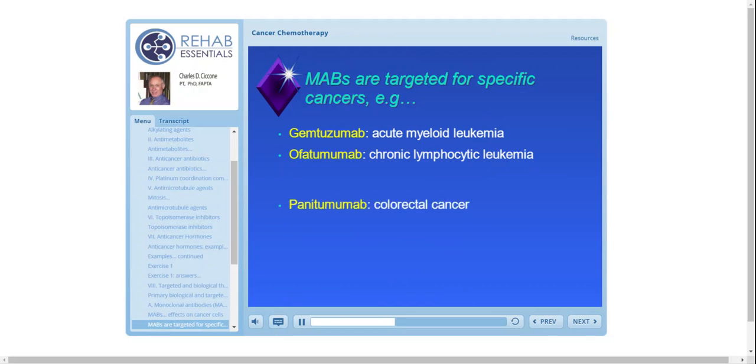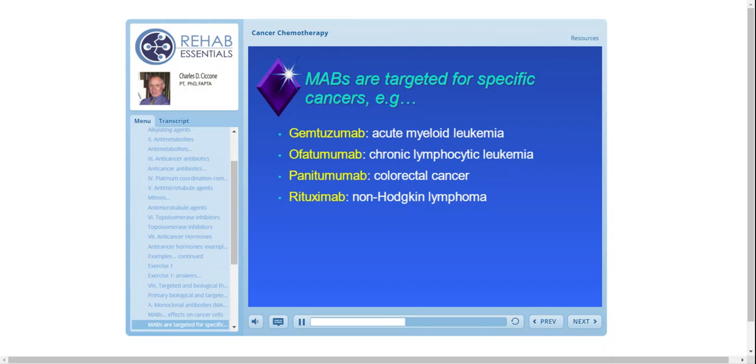Again, this drug used to treat chronic lymphocytic leukemia. This drug for colorectal cancer. Rituximab has been around for quite a while now, actually, to treat non-Hodgkin lymphoma. Trastuzumab for breast cancers. And once again, you basically are trying to develop the drug specifically for that antigen that's been identified in each of these types of cancer cell.